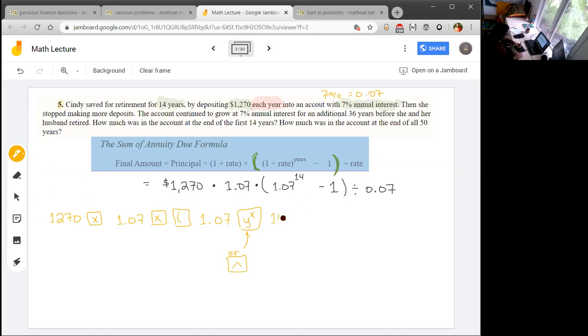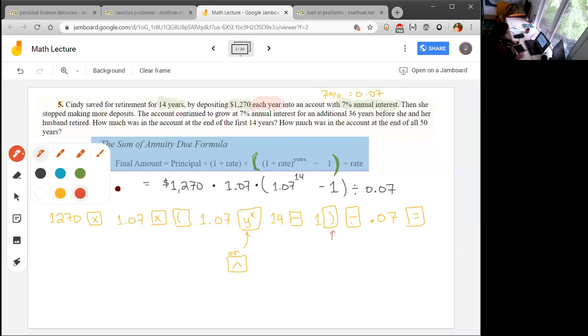And then I would have 14, subtract 1. Then one big mistake is forgetting to close your parentheses. Lots of people do that. Then I have divided by, and I probably wouldn't actually type the 0. And then I have equal.